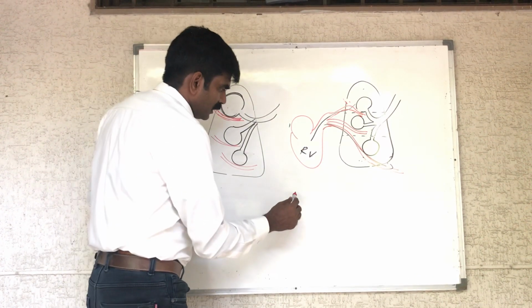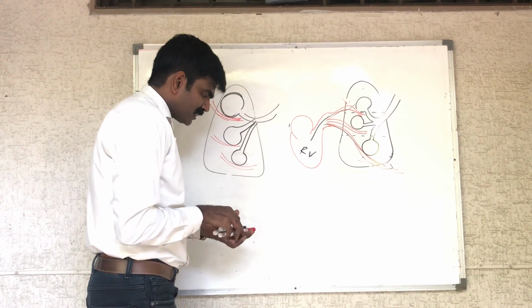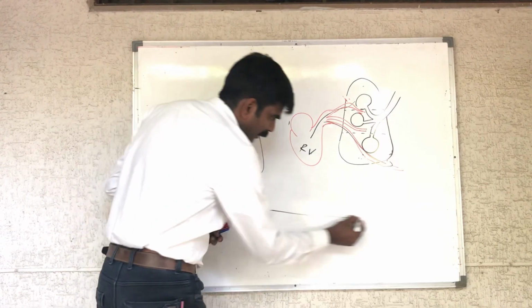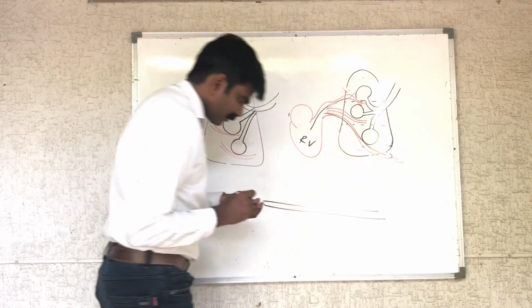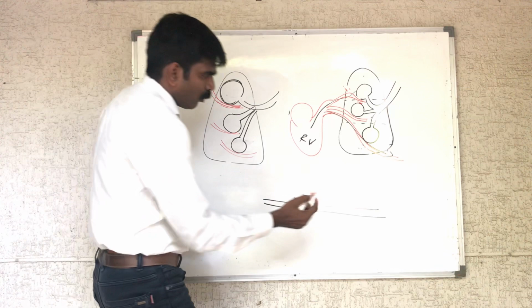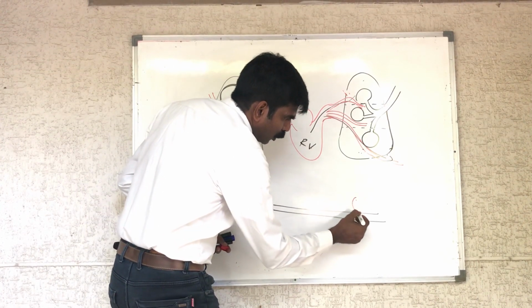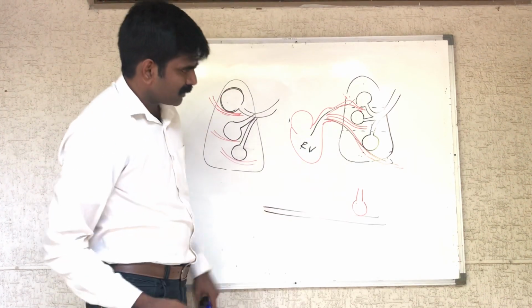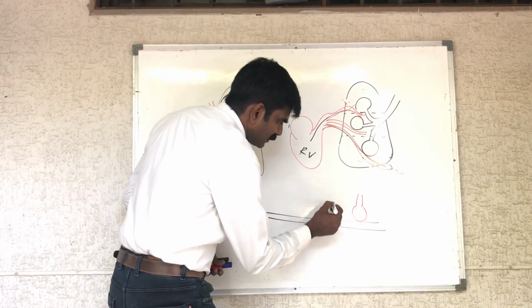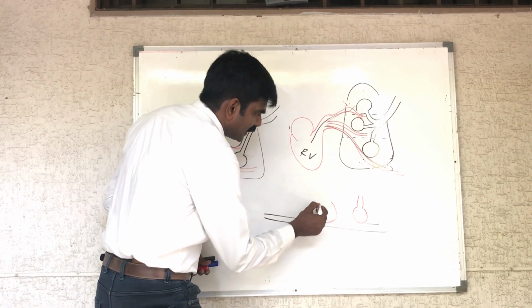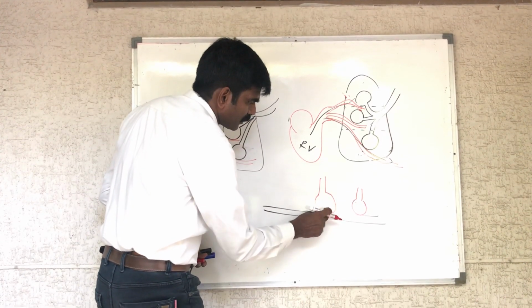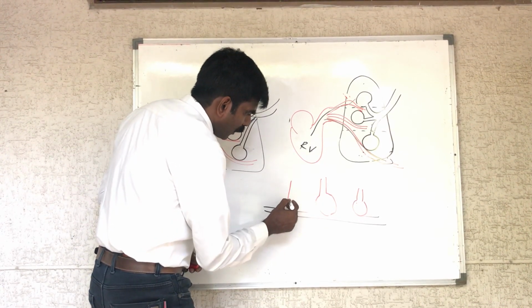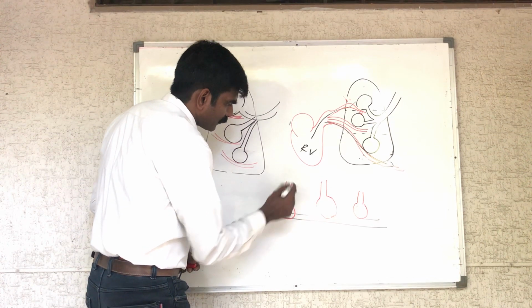Imagine this is an artery, this is the pulmonary artery, and the alveoli lying closer to it. So this is one alveoli, and second this is a little larger alveoli I have drawn, and now I am drawing a very big alveoli. Clear?